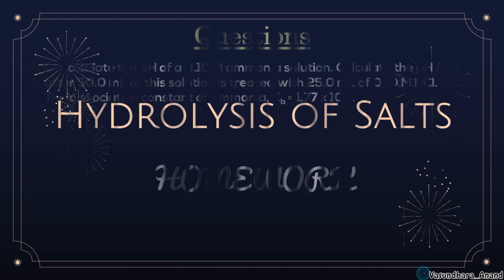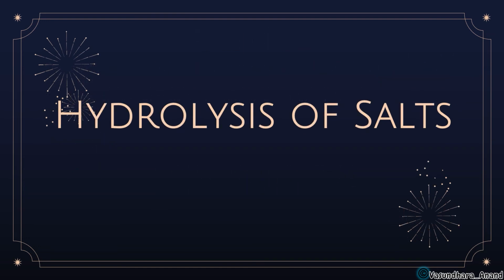Now the next topic is hydrolysis of salts. What is hydrolysis of salts? First you should understand what salts are. When an acid and a base combine with each other, they give salts. And how many types of acids and bases are there, you know that. If it is a strong acid and a strong base, it will give a neutral salt, a strong salt.